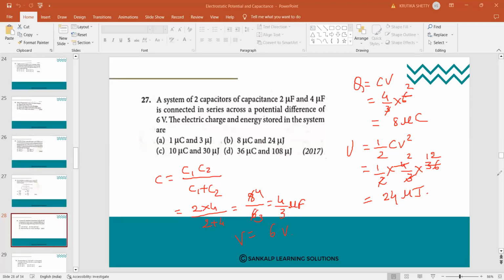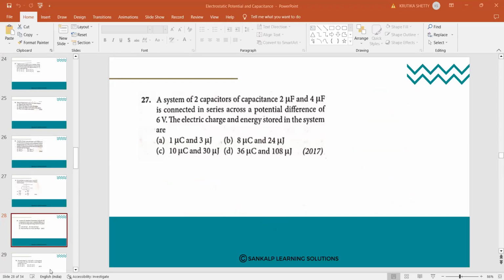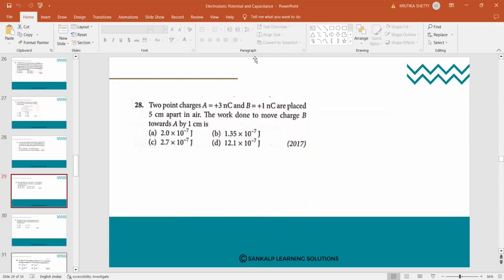Option B, okay? Then the next question is, 2 point charges, A is equal to plus 3 nanocoulomb, B is equal to plus 1 nanocoulomb, are placed 5 centimeter apart in air. The work done to move a charge B towards A by 1 centimeter is.